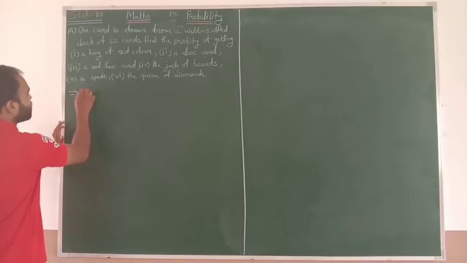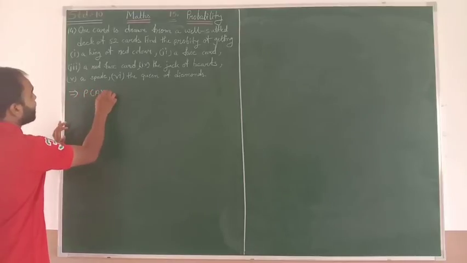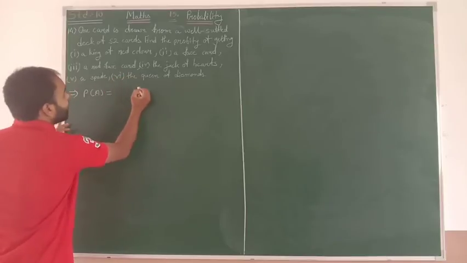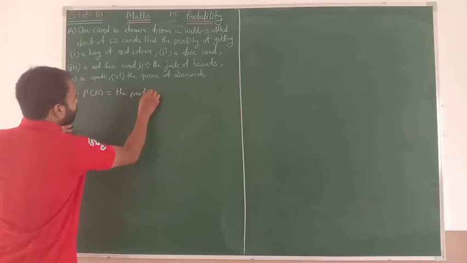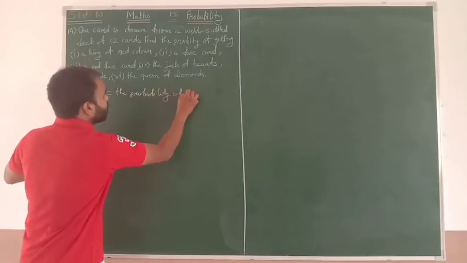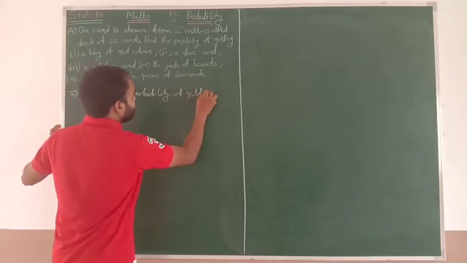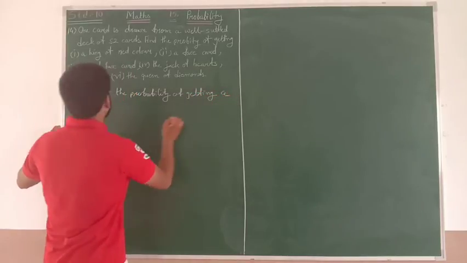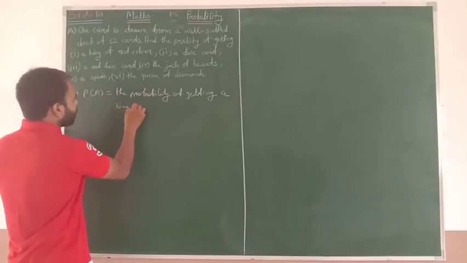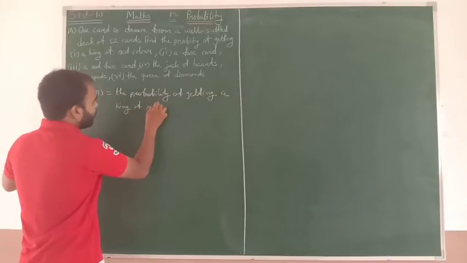The first one, that is the probability of event A, the probability of getting a king of red.